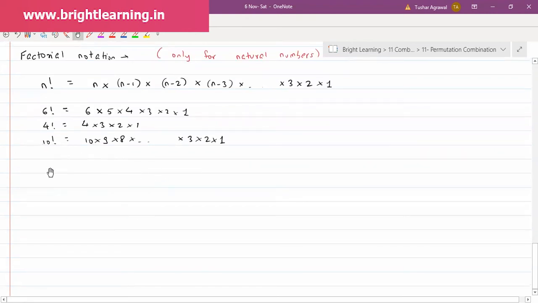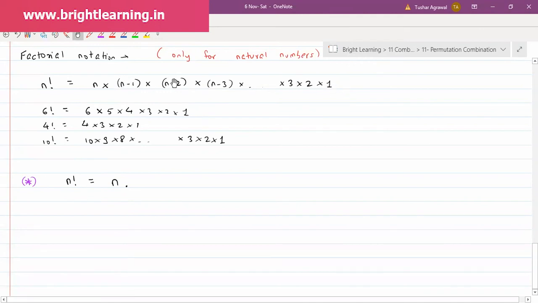Now, some properties also. What is n factorial? n multiplied by the previous integer, then again its previous integer, and so on.